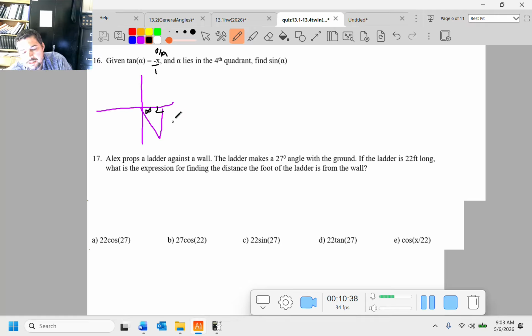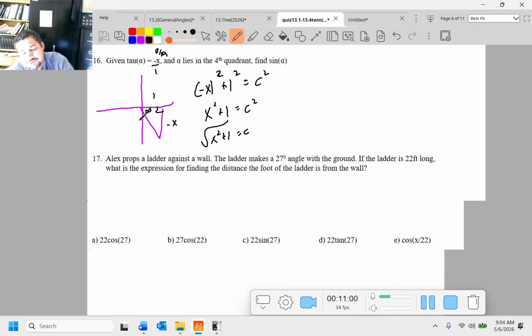Opposite of this bow tie is going to be a negative x, and adjacent to this bow tie is a positive 1. We're going to do a little Pythagorean theorem here. A negative x squared plus a 1 squared should be the hypotenuse squared. That'll give me x squared plus 1 is c squared, so c is the square root of x squared plus 1.